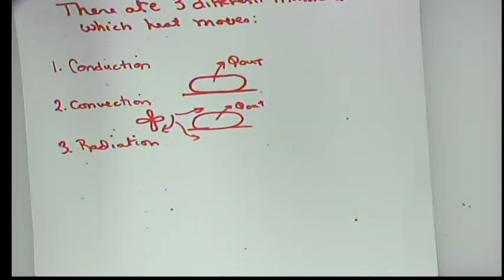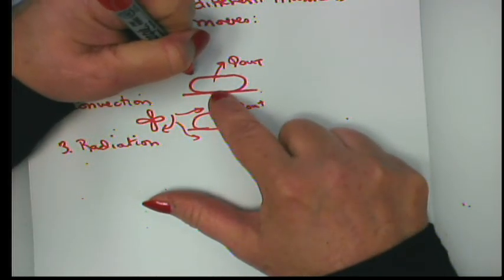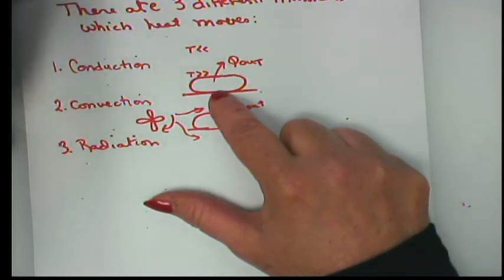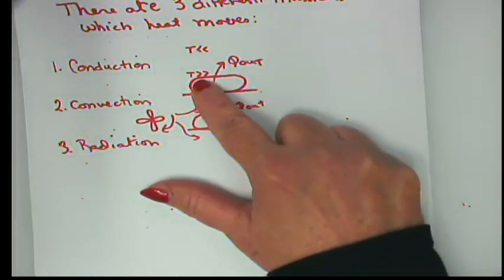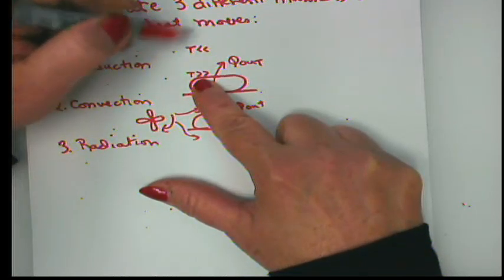Okay, but now the interesting part about it is that if you look at conduction, the air here is hotter. In other words, the temperature here is higher, and the temperature here is lower. So what do you think happens right here? Hot air is lighter than dense air.